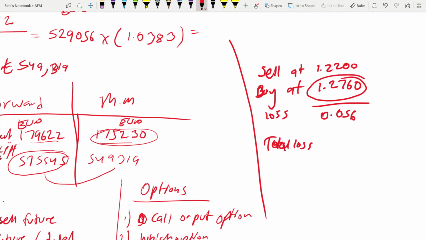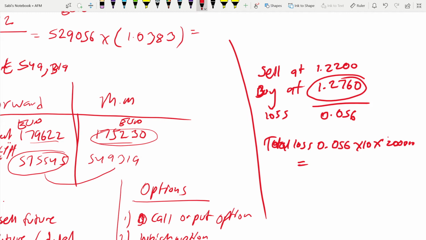For the total loss, you need to multiply this by the number of contracts, which is 10, and by the contract size, which is 200,000. Always multiply by number of contracts into contract size.